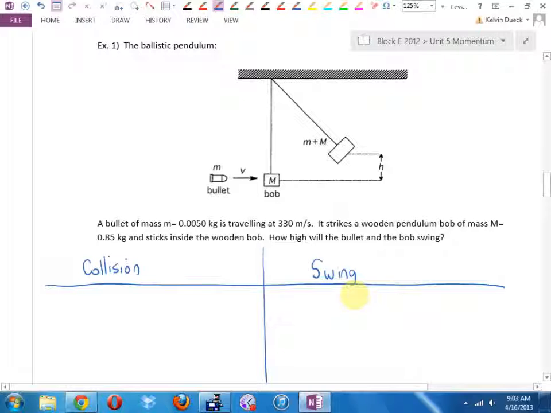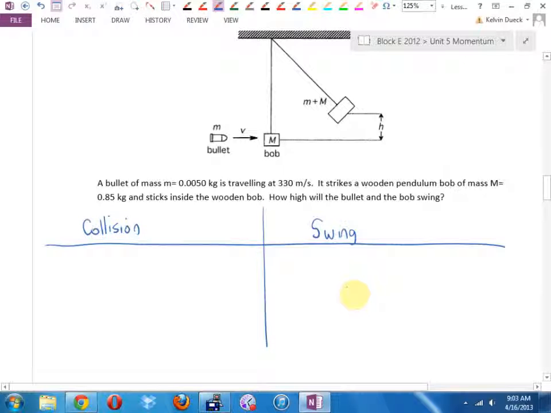Is there a collision? This is a job for conservation of momentum. Is there a change in height afterwards? That will be a job for conservation of energy. Collision. Before the collision, what's moving? Little m, big M, or both? Momentum of little m, initial. Wham! They collide. After the collision, what's moving?